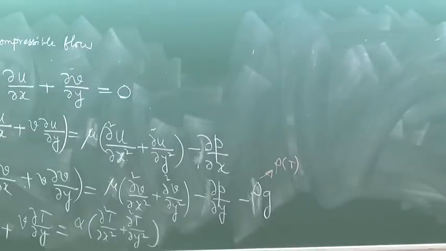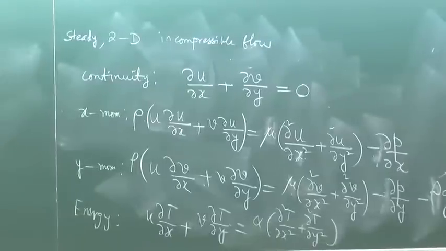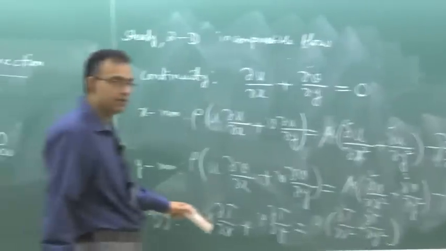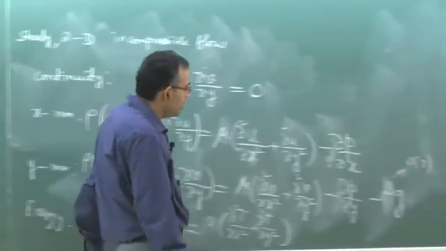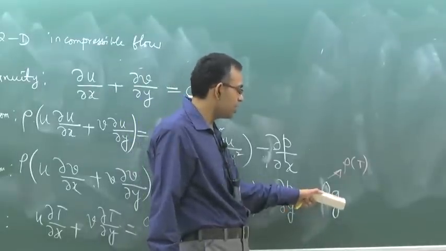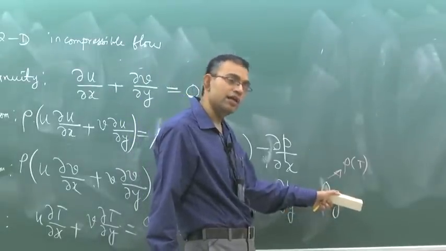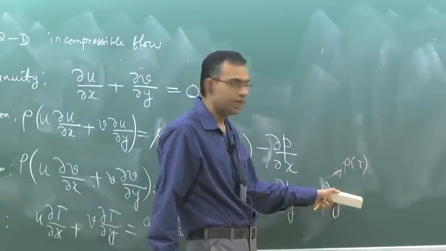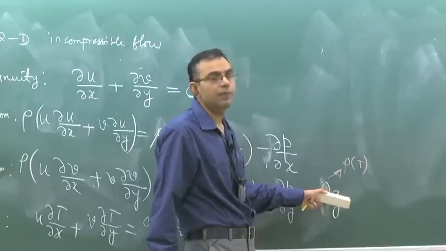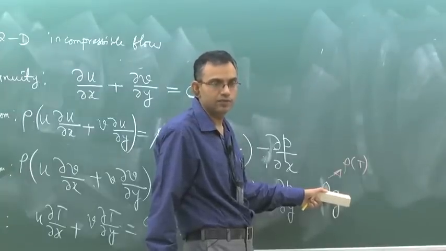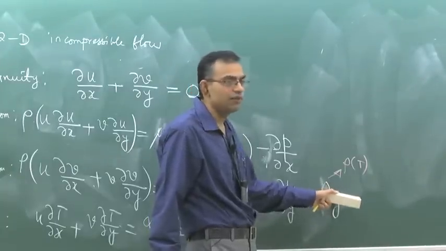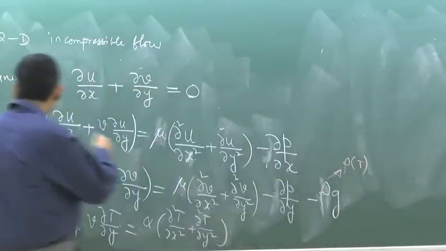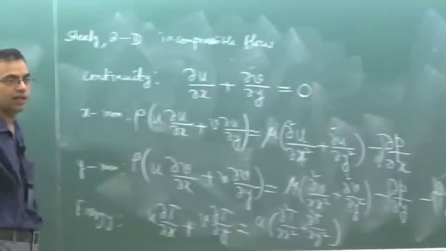How will you get temperature? You will get temperature from the energy equation. Therefore, in the momentum equation you have a term which contains temperature. This rho may be some, say, polynomial function of temperature. So rho being a function of temperature, you cannot now decouple the momentum equation and the energy equation.